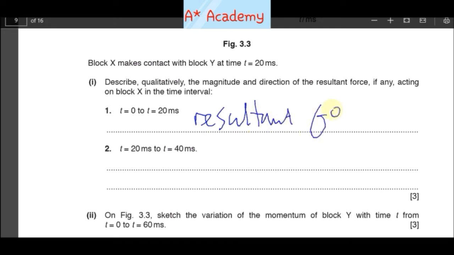Resultant force equals 0. Or we can say no resultant force.